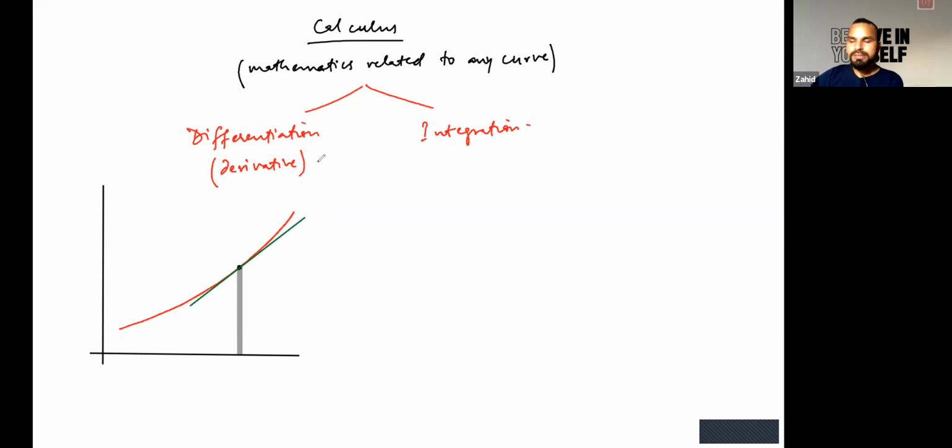So differentiation is nothing but breaking down of a curve into infinitely small strips, for which you calculate slope or change.